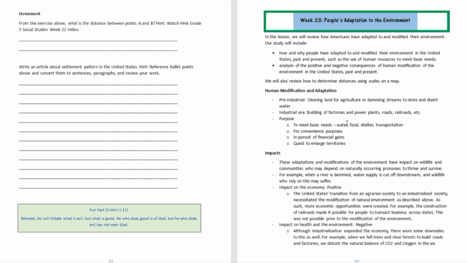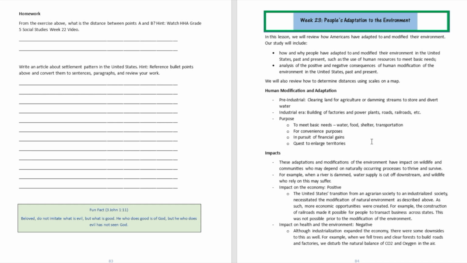And the reason for that is we want to meet our basic needs of water, food, shelter, transportation, a better life, for convenience purposes, in pursuit of financial gains, and a quest to enlarge territories. So these are some of the reasons why the United States was modified, through human modification and adaptation.